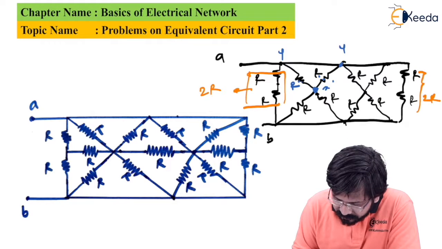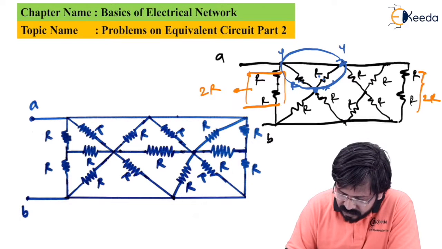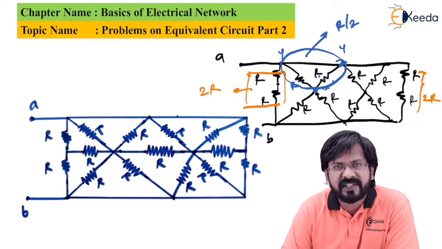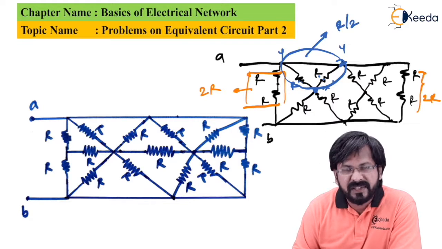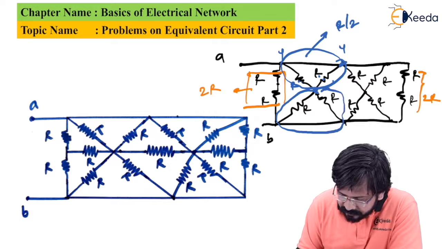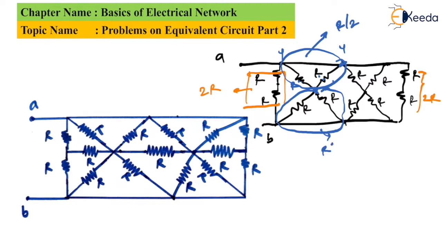That is the reason why I can further reduce this R parallel with R, which ultimately becomes R by 2. We know the property, when resistors are connected in parallel having equal value, the effective is always half of it, and that's the reason why R parallel with R becomes R by 2. Whereas if you see, this is also R parallel with R, so this will also become R by 2.